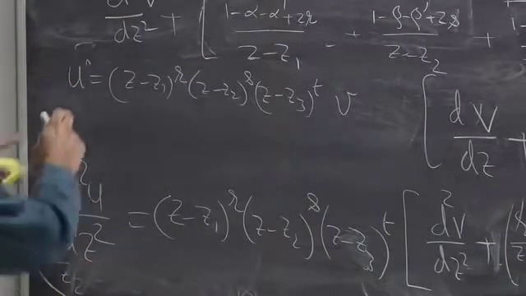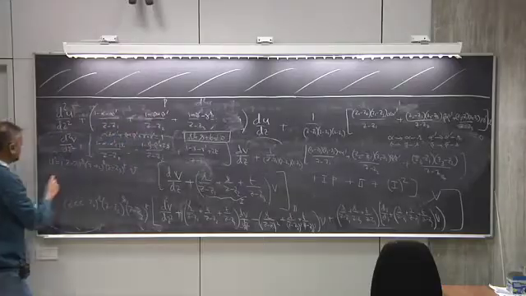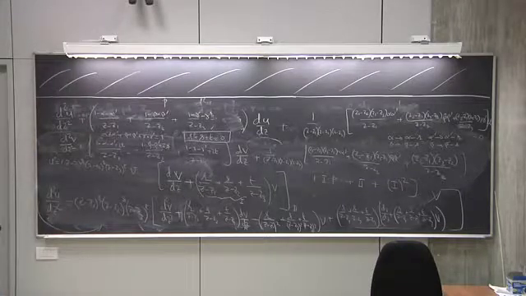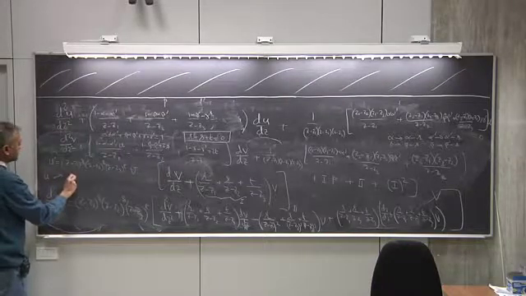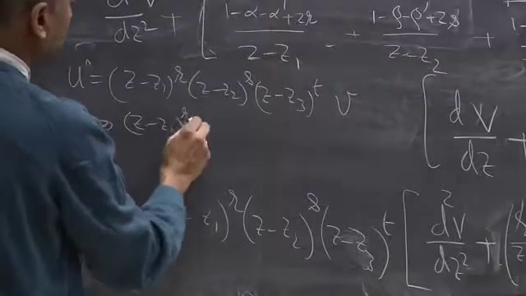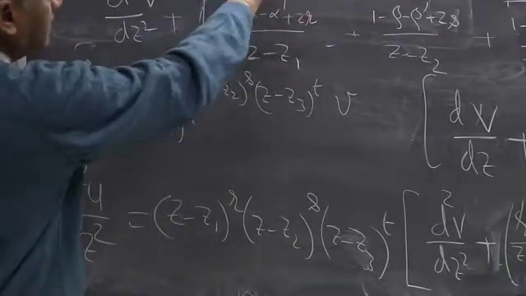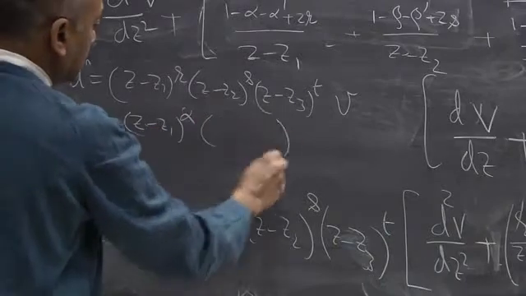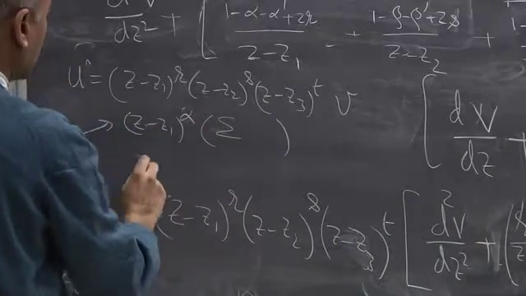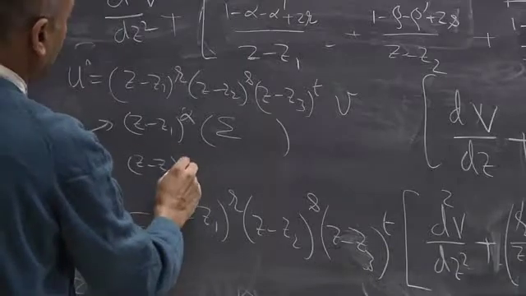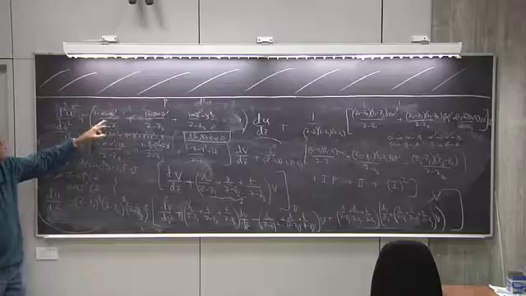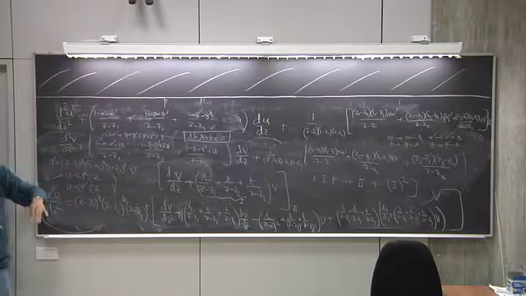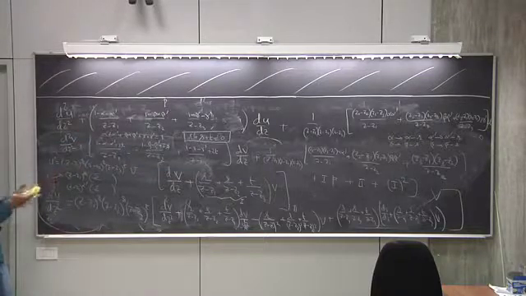Now if I expand around z equal to z1, then I know u will have two solutions. One will go like z minus z1 to the power of alpha, one of the roots of the indicial equation, times a series, and the other will go like z minus z1 to the power of alpha prime. Let's assume that alpha and alpha prime are generic, so that the difference is never an integer. There are special cases where they are integers, but I'm just trying to give you a plausibility argument for why you should expect that.